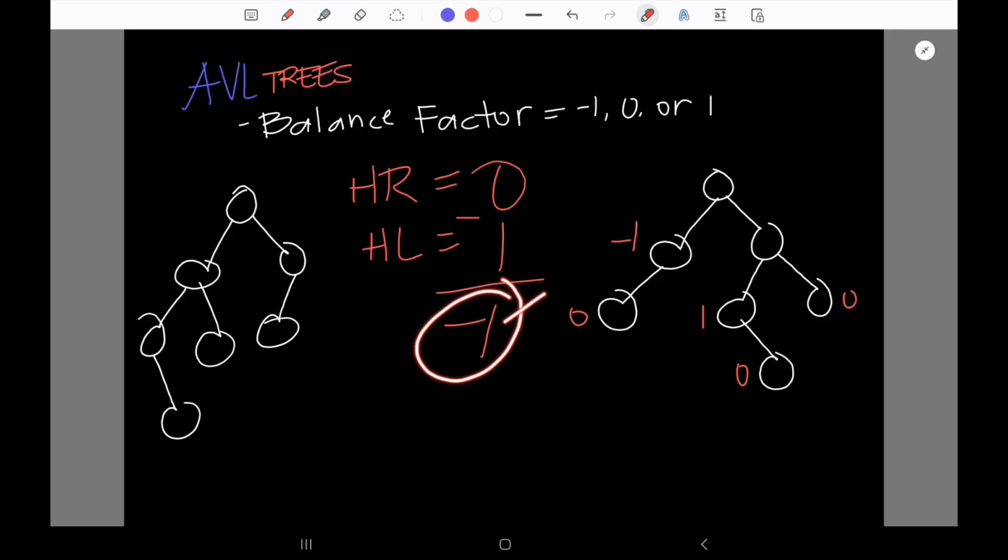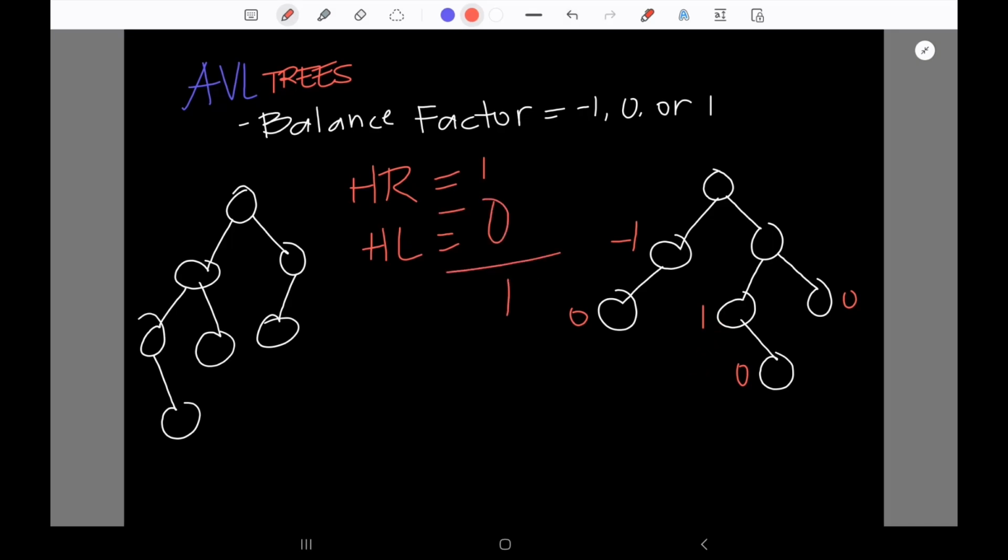So how about here? Okay. So right, we have 1. So left, we have none. So 0. 1 minus 0, 1.